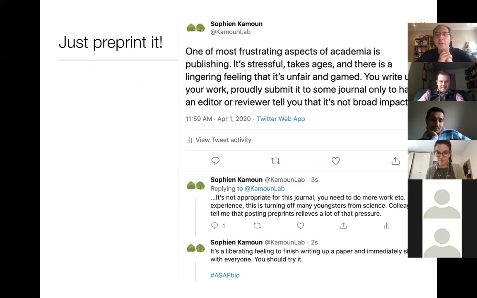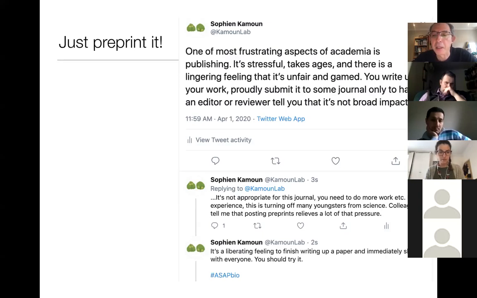Okay, and then to finish, just preprint it. And I think this is really an important point. Back to my point about step number 10 and posting your paper in bioRxiv. Well, you know, it is liberating to post your paper in bioRxiv, because it is frustrating to go through that whole process of finishing a paper, submitting it, and then nothing happens for weeks, sometimes months, and then you get like a bang, a letter telling you to do another year or two of work.